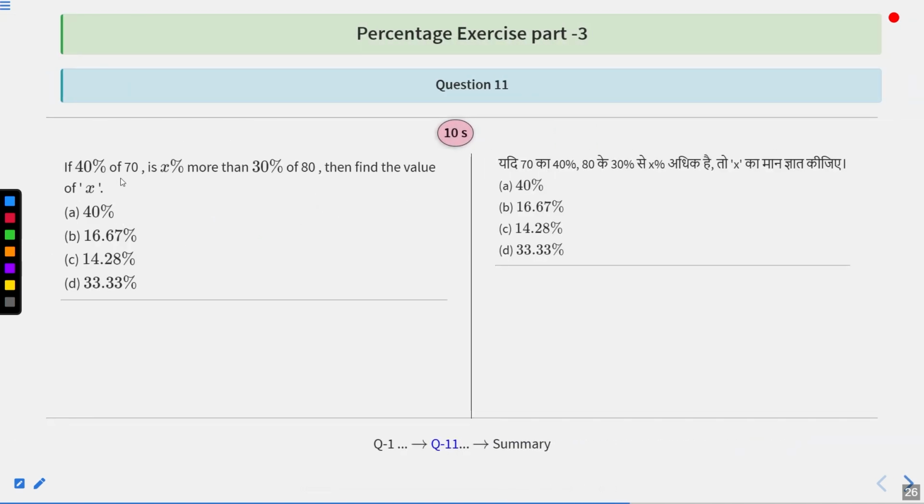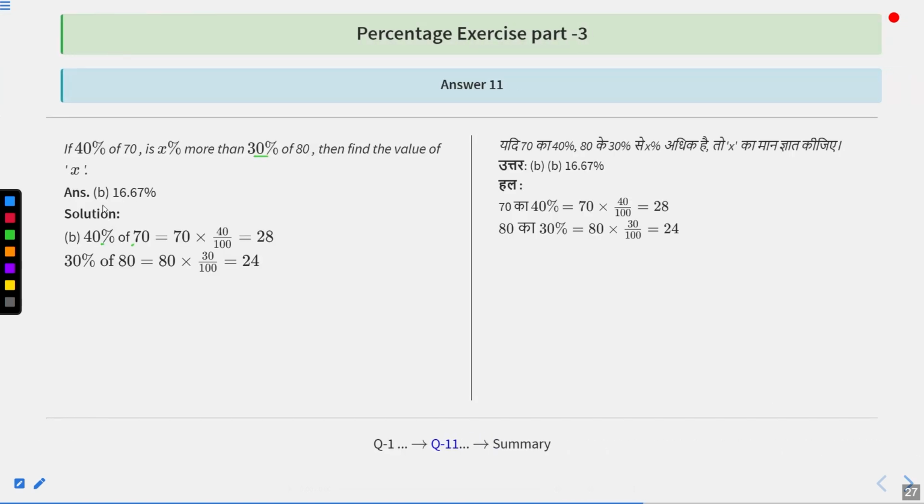If 40% of 70 is X percent more than 30% of 80, then we have to find the value of X. Options A, B, C, D are given to you. It was given to you that 40% of 70, that means 70 into 40 upon 100, that is 28. 30% of 80 is 80 into 30 upon 100, that is 24.